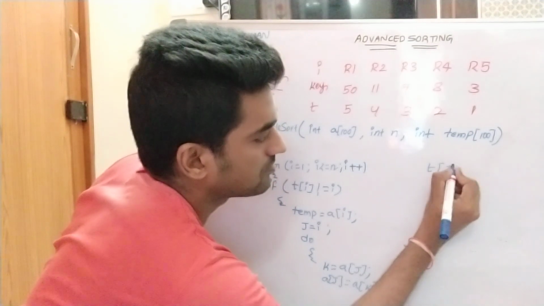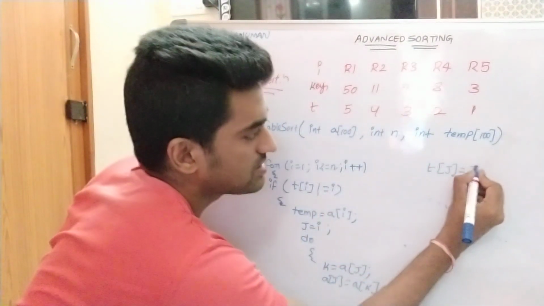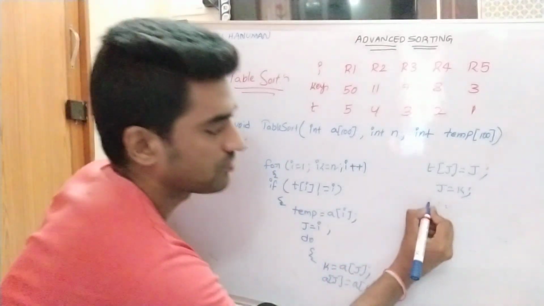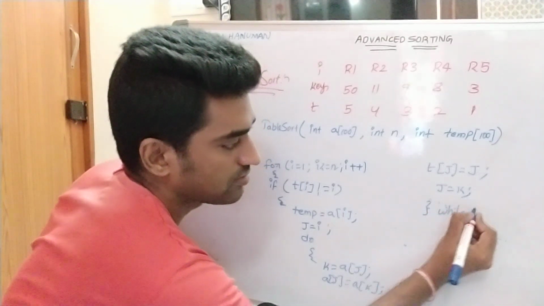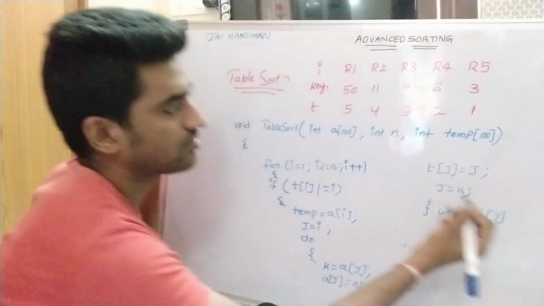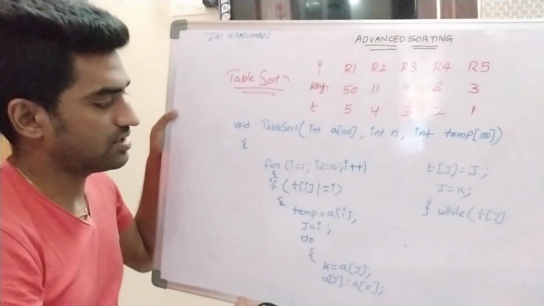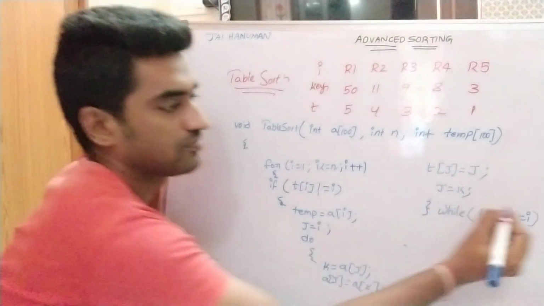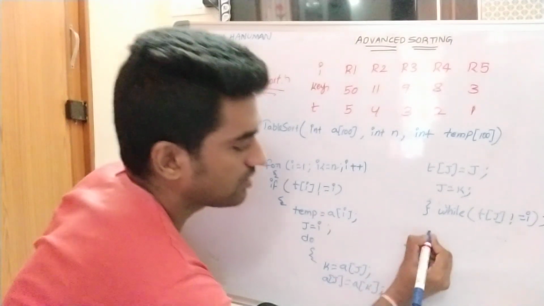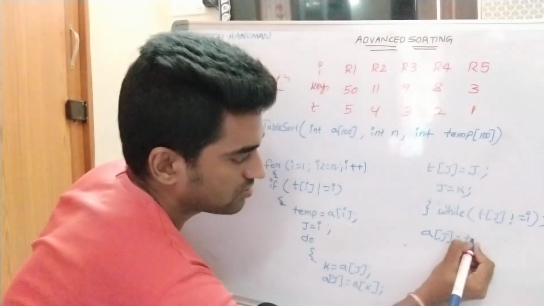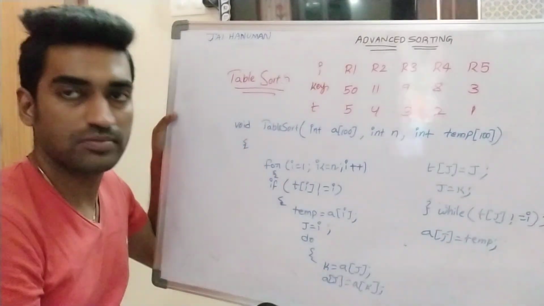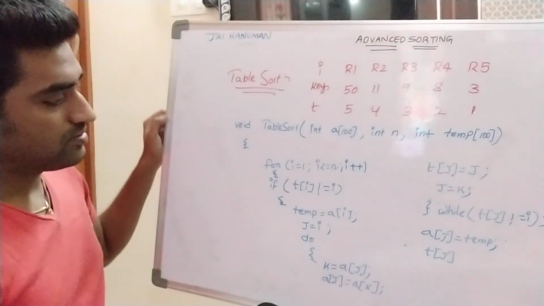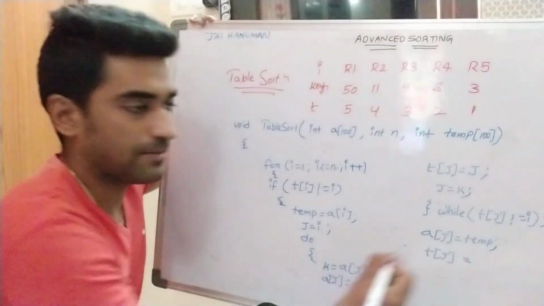T of J is equal to J. J is equal to K. What is the condition? While T of J not equal to I, then E of J is equal to temp. T of J is equal to J.